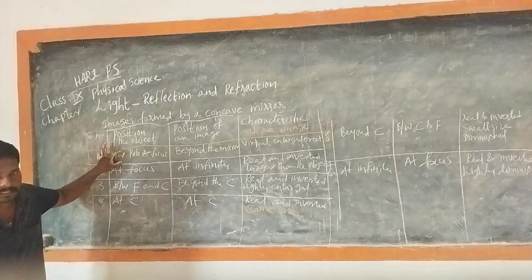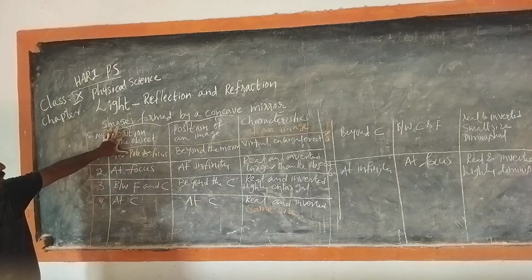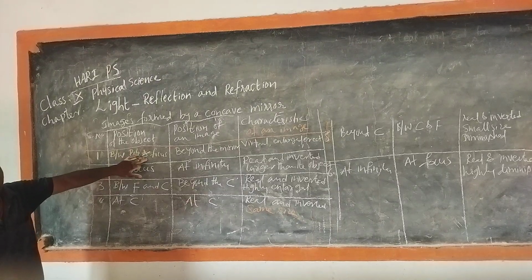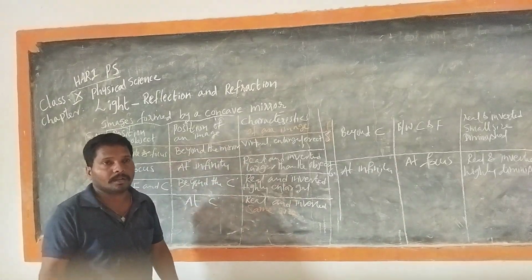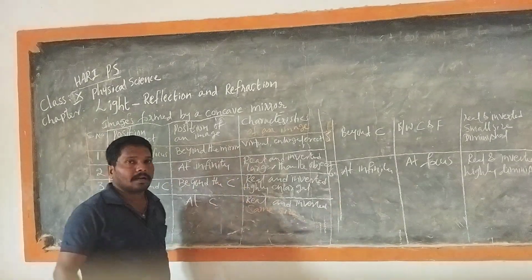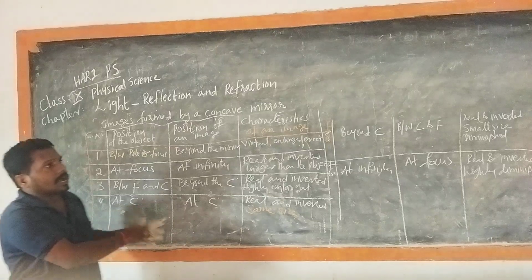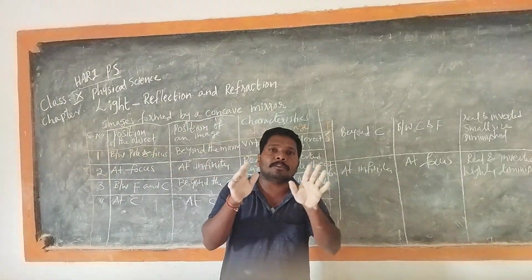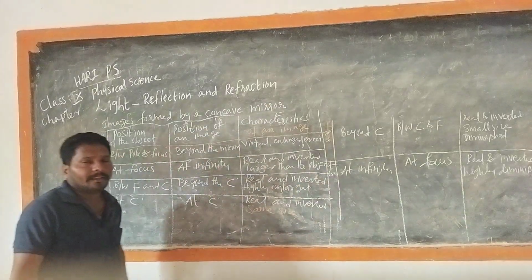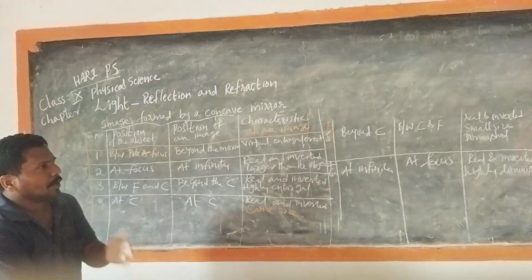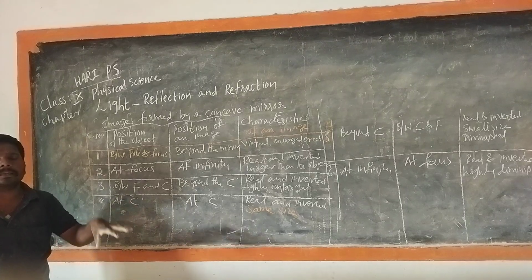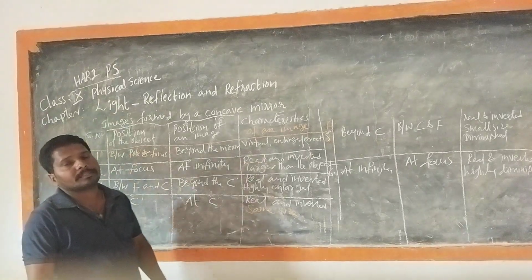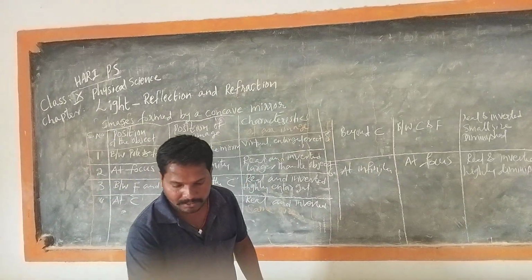Except the first case, where the object is placed between pole and focus and a virtual image is formed, in all the remaining cases concave mirrors form real and inverted images.